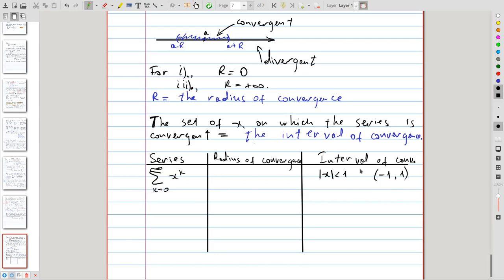And so that meant that the radius of convergence in this case was 1, because this is an interval centered at 0 of radius 1.